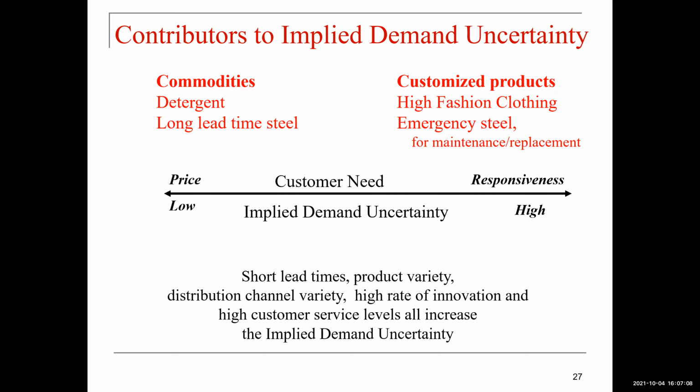The price might not be as important as being able to satisfy those requirements for that customized product. You can see that at both extremes, decisions are made differently based on those situations. Short lead time, product variety, distribution channel variety, high rate of innovation, and high customer service level all increase the implied demand uncertainty.